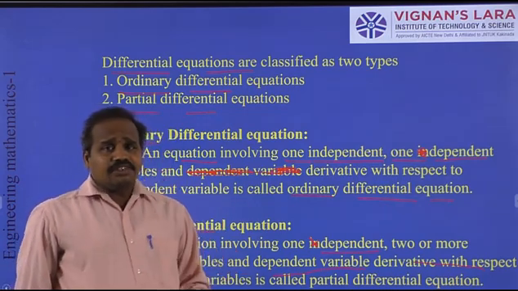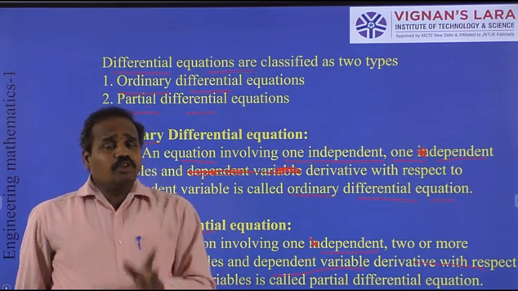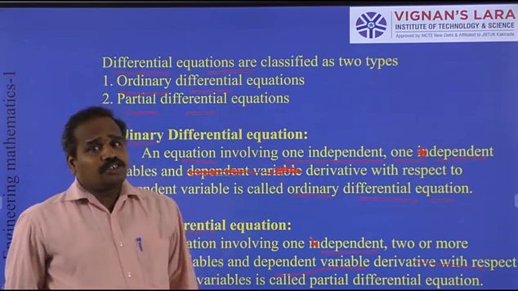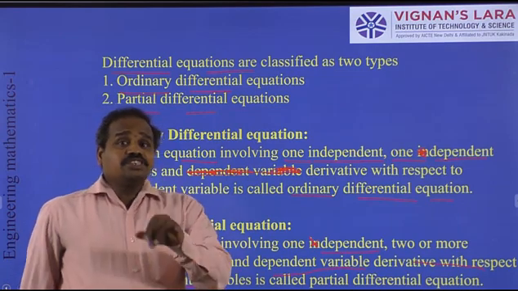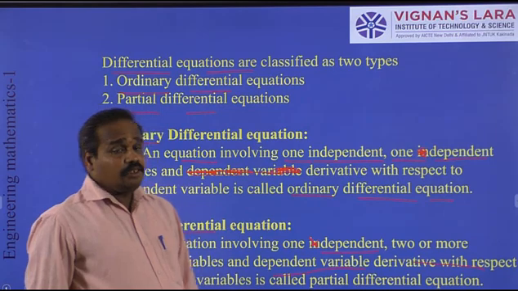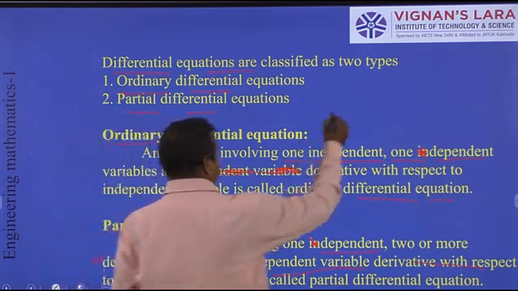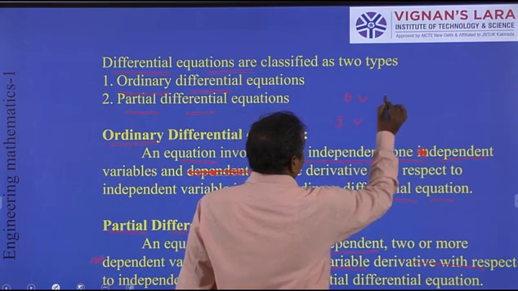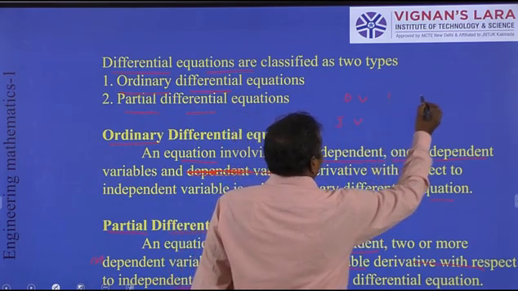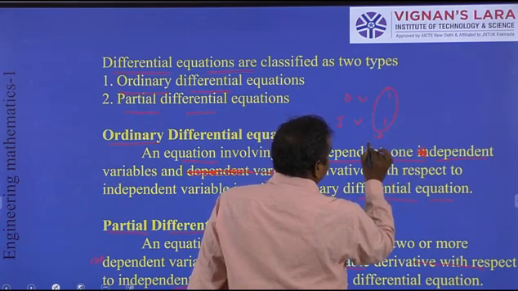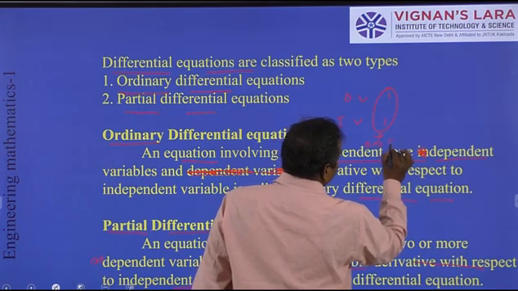An ordinary differential equation means an equation involving only one independent variable. If that equation involves two or more independent variables, then it is said to be a partial differential equation. So, considering dependent and independent variables: if the dependent variable is 1 and the independent variable is 1, then this equation is said to be an ordinary differential equation.